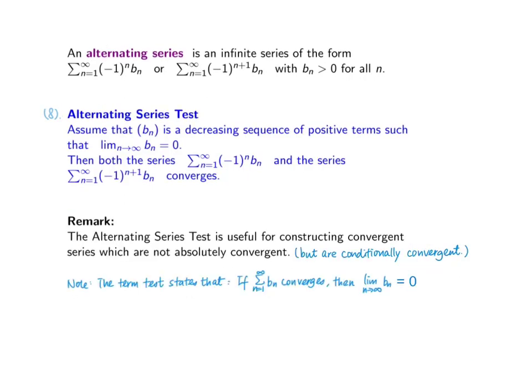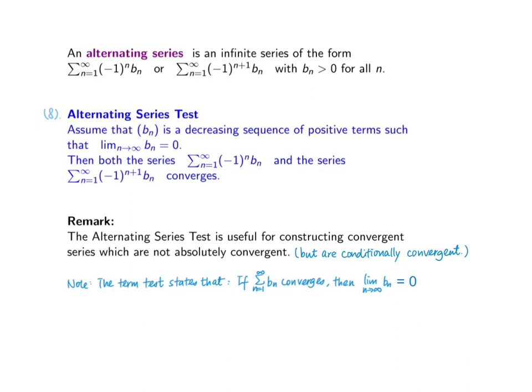Please note the following remark. If we recall the term test, it states that if a series which is formed by terms Bn converges, then the limit of Bn as n tends to infinity equals 0. But in case we have a series where the limit of Bn as n tends to infinity equals 0, then it does not necessarily imply that the series converges.